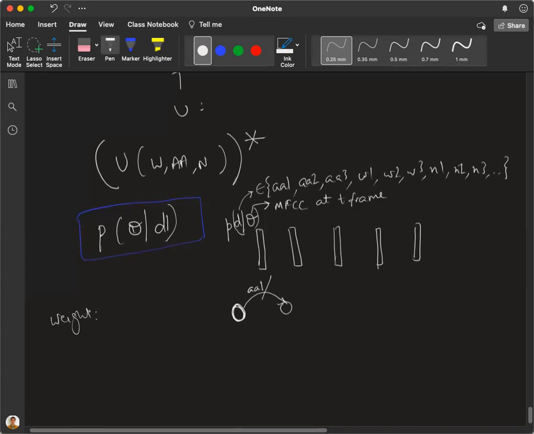What is the weight you use? Negative log likelihood, right? Your weight is the negative log of that probability of D given O, right? So let's say the weight is 2 for R1, and for R2 the weight is something else, let's say 5.